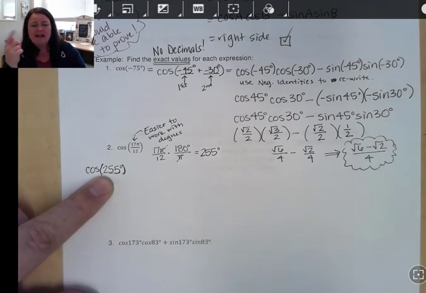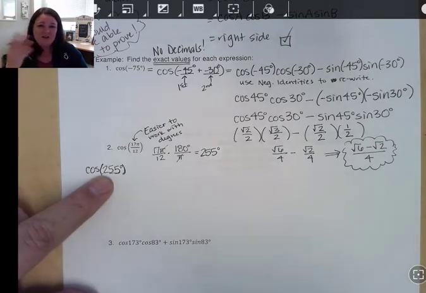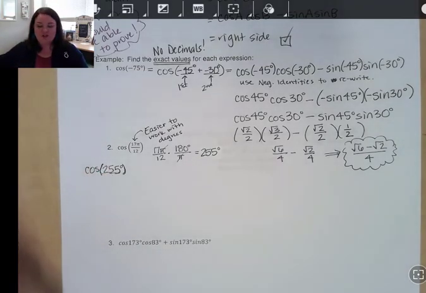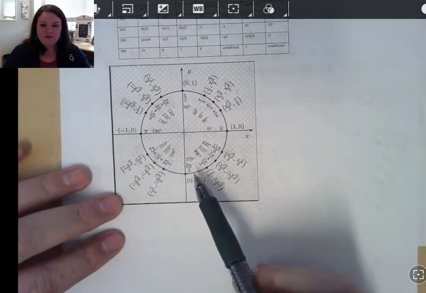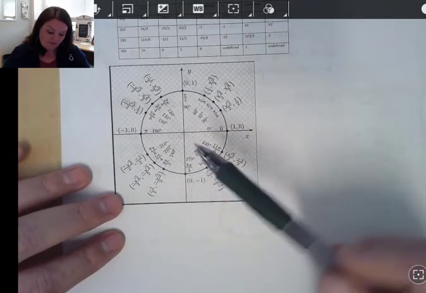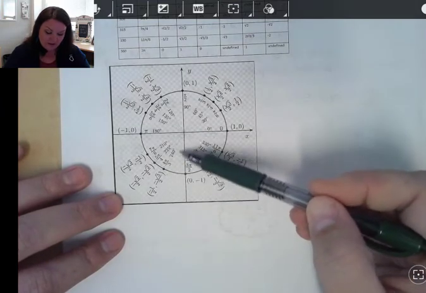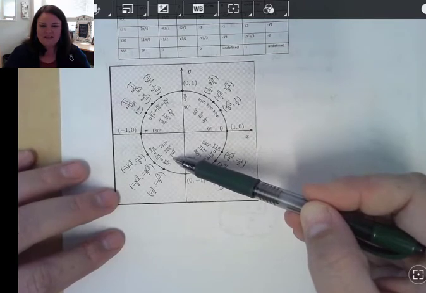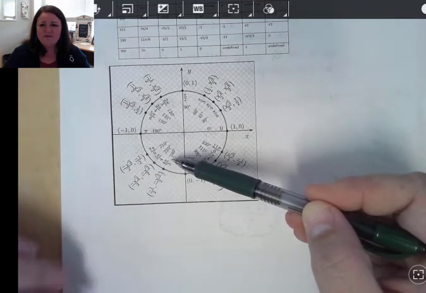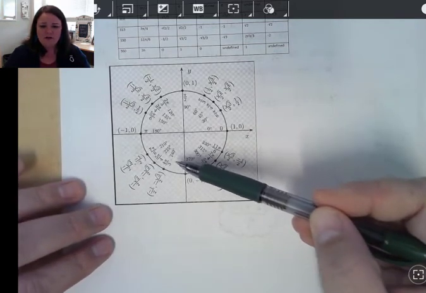The angles that I can think of that are closest to that would be like 225, 270, right? If you're not sure, you could look back at our unit circle, right? We're looking for 255, which is somewhere in here. So we have a nice one at 240. But to get to 255, we'd have to add 15. 15 is not a pretty one, right?